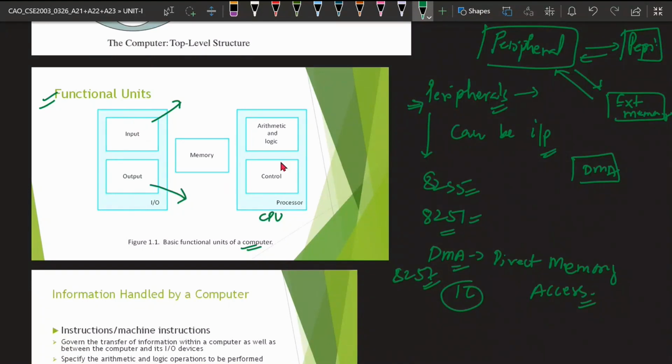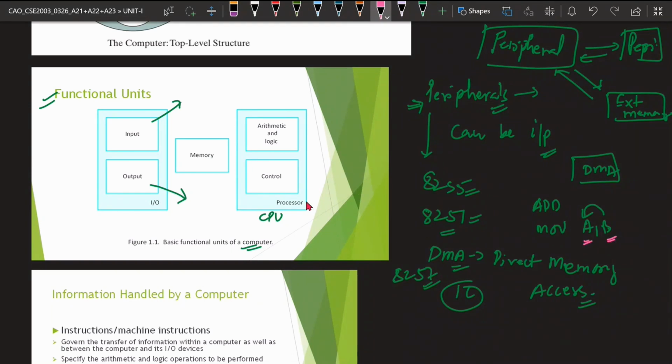When a data transfer needs to be done, the processor processes it, because whatever instructions we write go to the processor, like add or move. Suppose move a comma b is given; that means we are going to move the data of b into a, so the processor transfers the data from location or register b to register a.